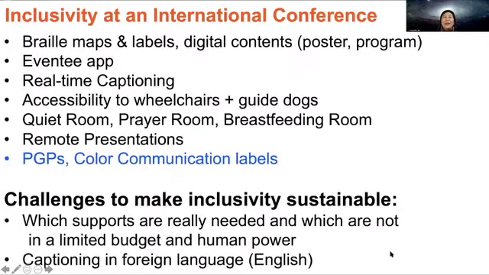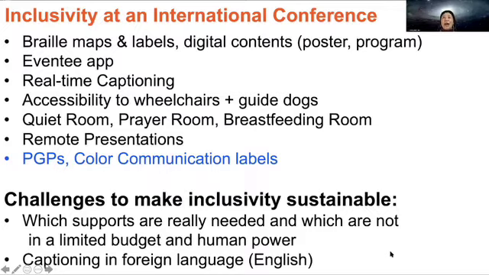In my talk, I presented how we made the IAU symposium inclusive. I learned PGPs and color communication at the SciAccess conference, and then imported them to our symposium. I hope participants of the IAU symposium use similar ideas when they coordinate their own conferences. On the other hand, there are some challenges.